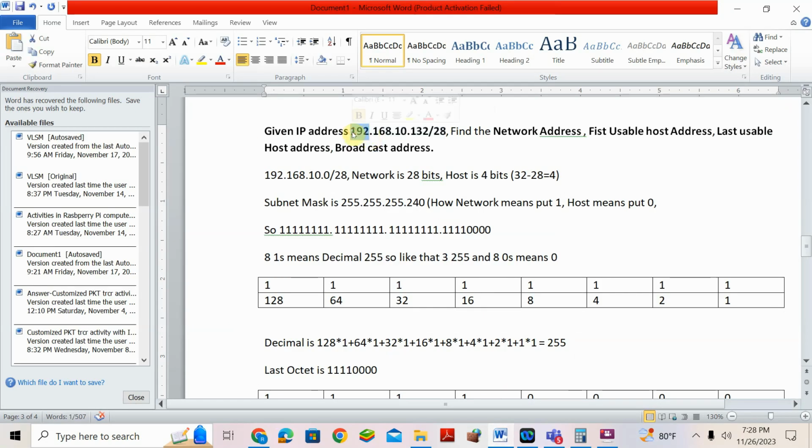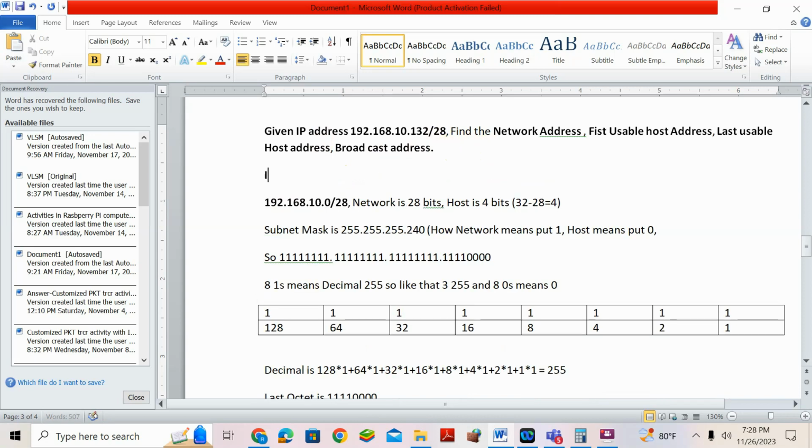Okay, so 192.168.10.0/28 is the network. This is the prefix. Prefix, that is the number of ones or the number of network bits. Out of 32 bits, I told you in the classroom, the total length of an IPv4 address is 32 bits.